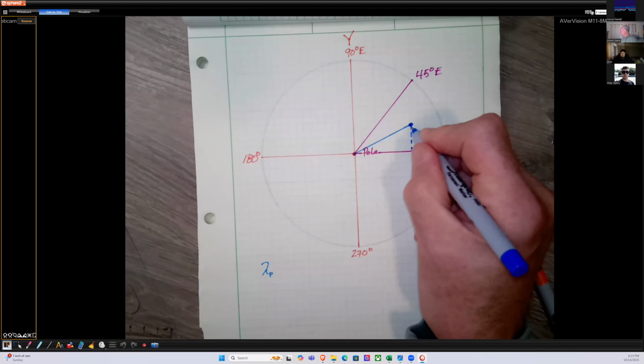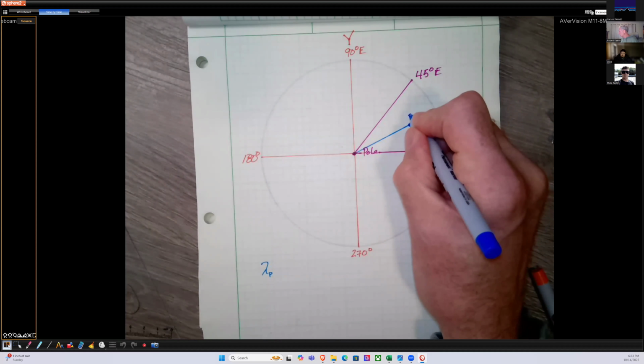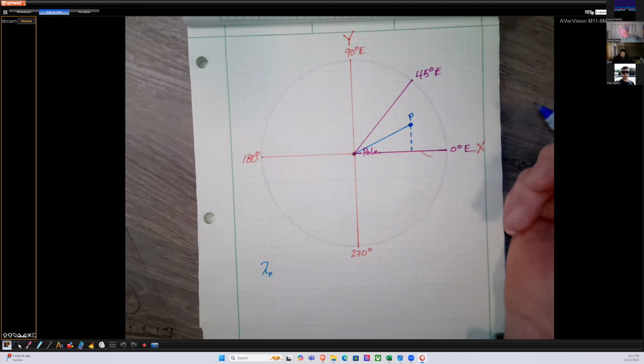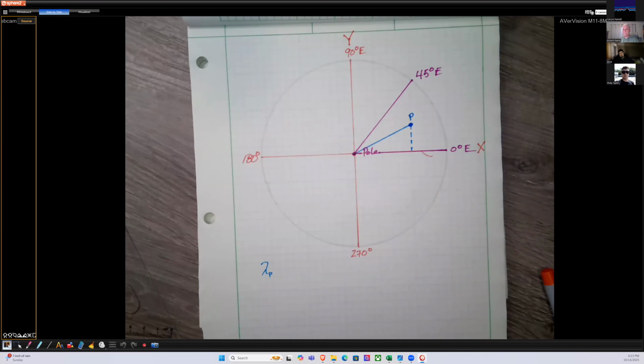If we're looking down on the Earth, we're thinking of this as two dimensions. What would the value of this dashed line be in Cartesian coordinates? Wouldn't that be the z-axis?